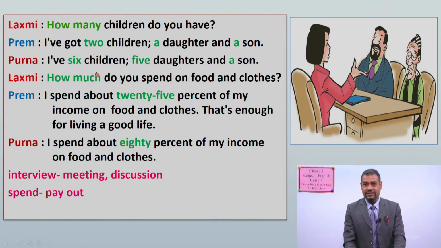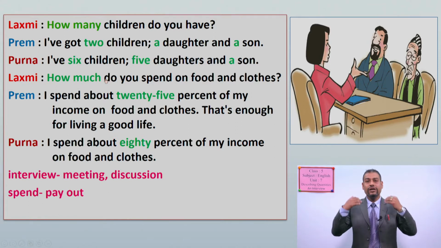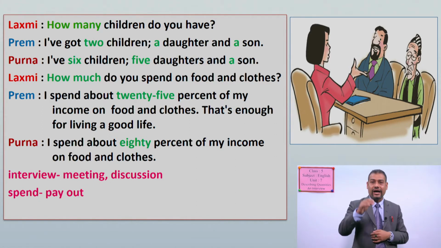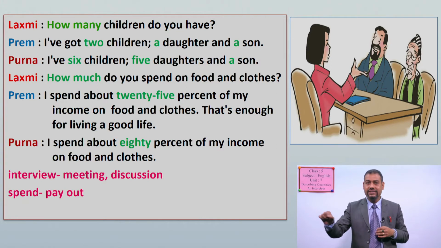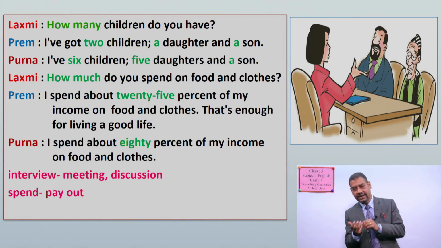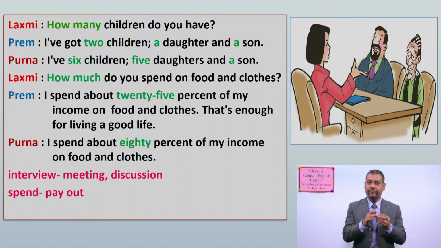This is a quantity. So if we want to ask about quantity, then you can use the phrase how many. But you have to be very careful that we have to use how many for that quantity which we can count. Okay? For example, can we count children? Yes, we can count. I have 1 child, 2 children, 3 children, 4 children.